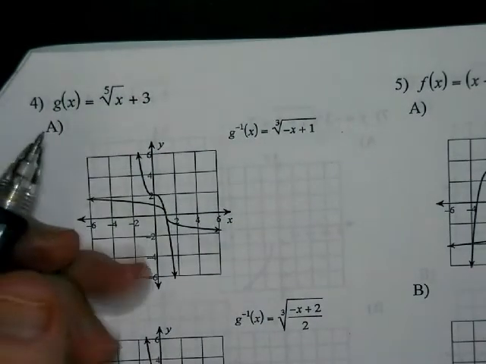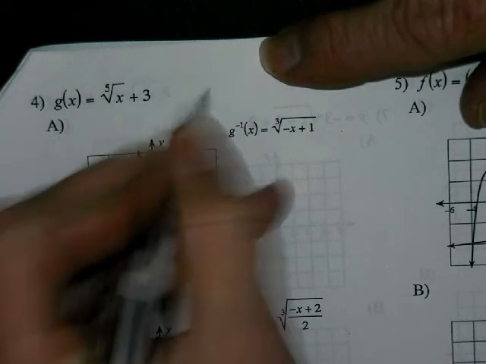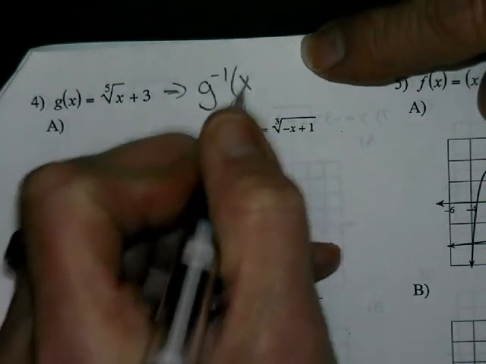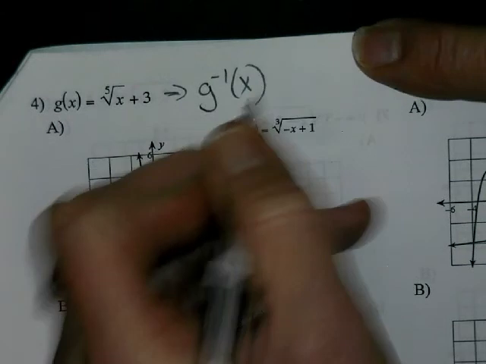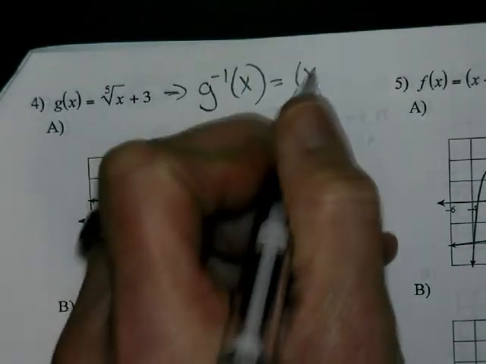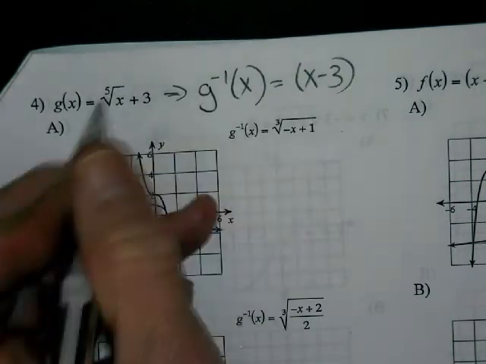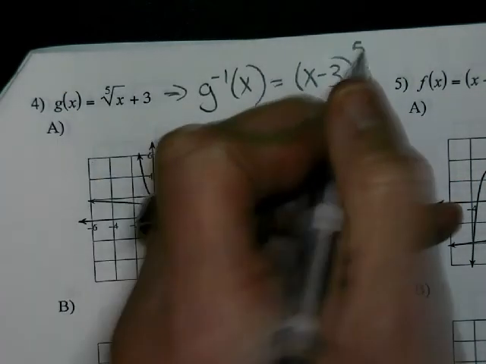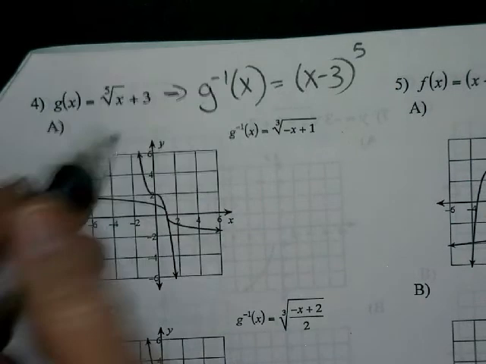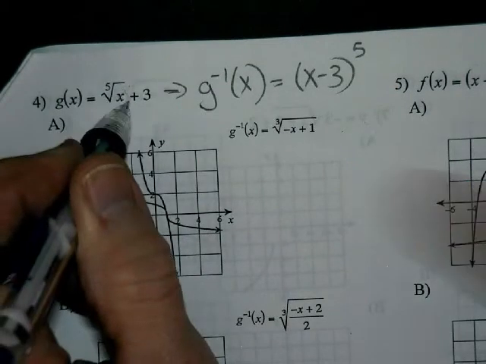Okay, again, a 5th root. So I'm going to go ahead and write my inverse, because I know the opposite of add is subtract, and the opposite of a 5th root is a 5th power. So how do I know if this subtracts in or out?